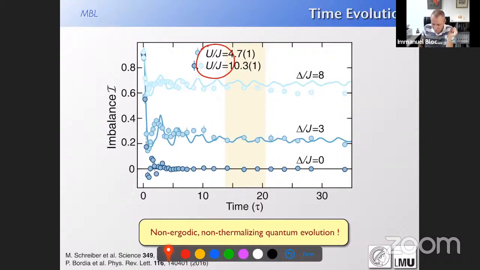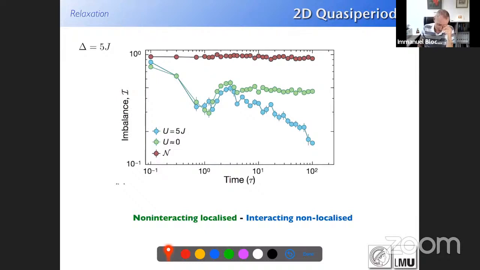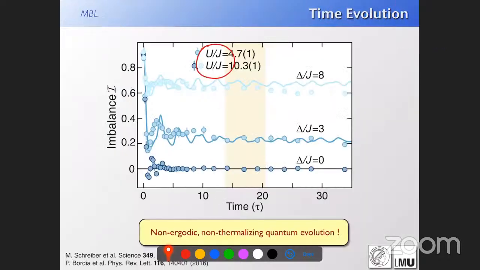So Immanuel, can I ask a devil's advocate question here? Sure, sure. So if I did this experiment with reasonably well-occupied bosonic coherent states, I could see macroscopic self-trapping type of phenomena as well, which would, in this left-right imbalance situation, give a pretty similar signature. I would see oscillations, I would see long time imbalances.